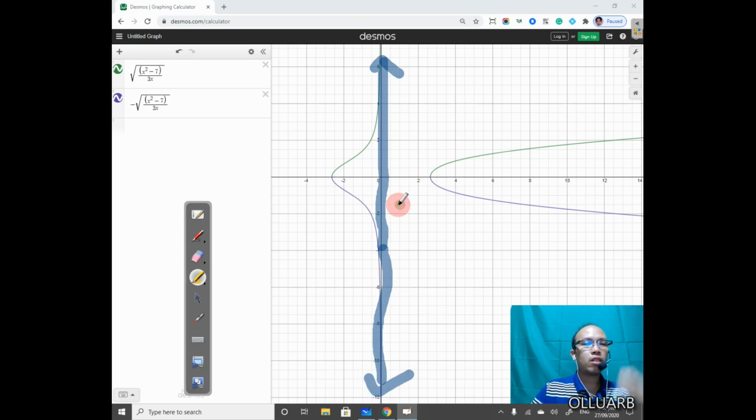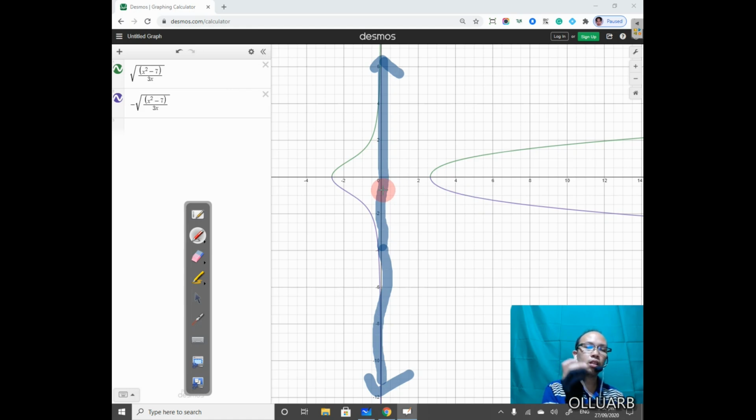As you have noticed, when our x is negative square root of 7, you have a y which is 0, and also we have positive square root of 7 which is 0.